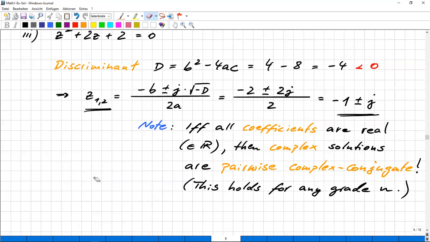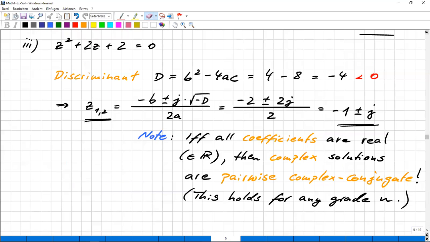So it should work, and it does, because now we can just put in our values. We have, of course, 2 for b. The discriminant is -4, and a equals 1.